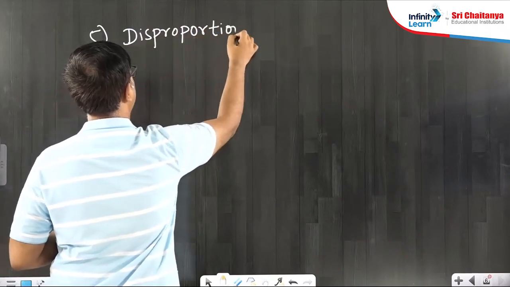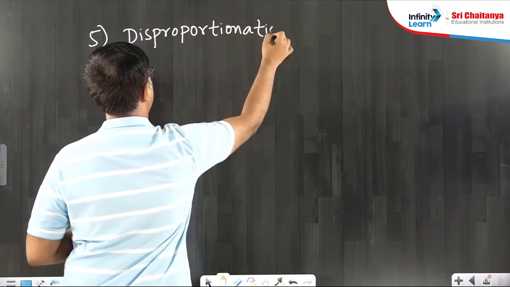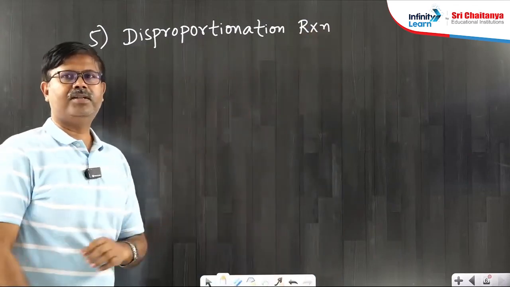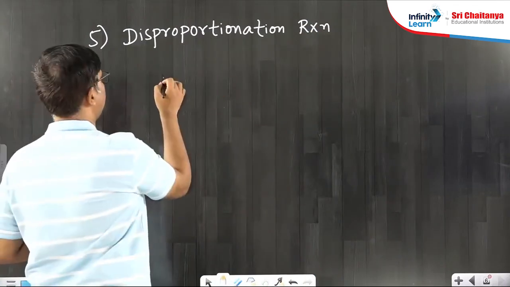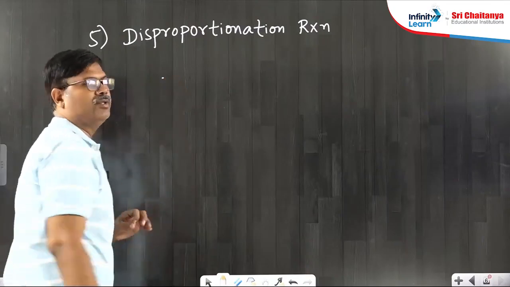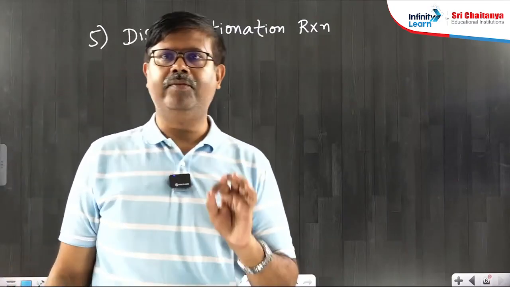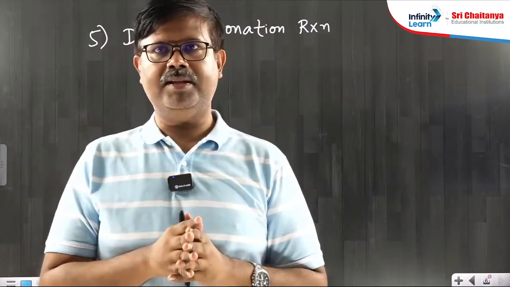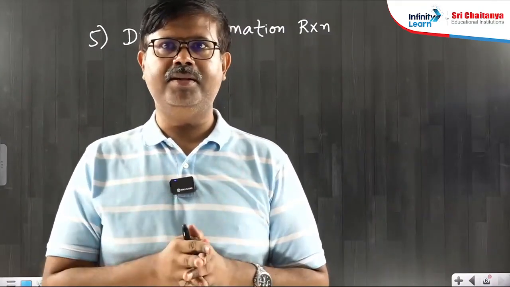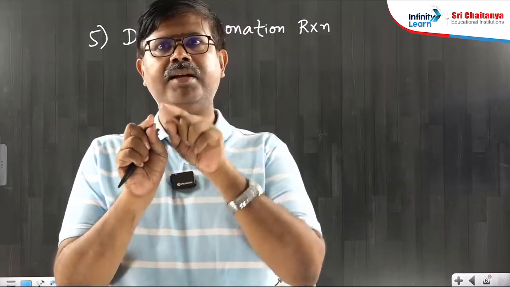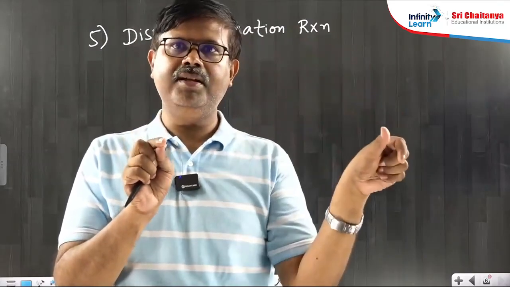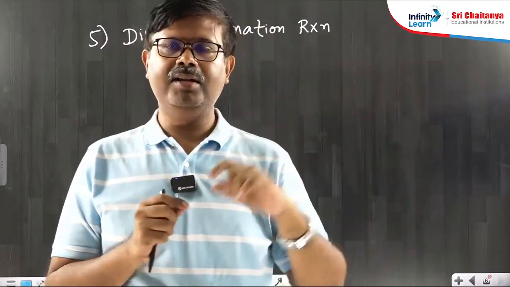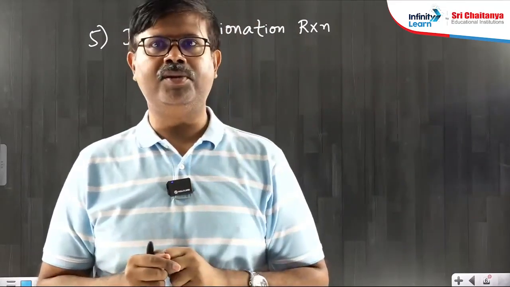Disproportionation. Disproportionation reaction. Now, what is a disproportionation reaction? Listen carefully. It is a redox reaction only that we are discussing, so reduction and oxidation take place. But if the same element is involved in reduction as well as the same element is involved in oxidation, then it is called a disproportionation.